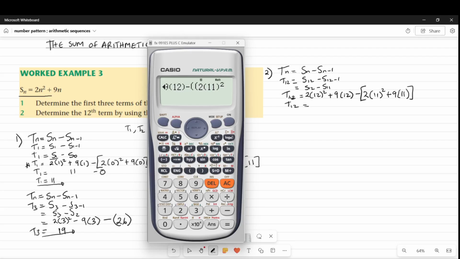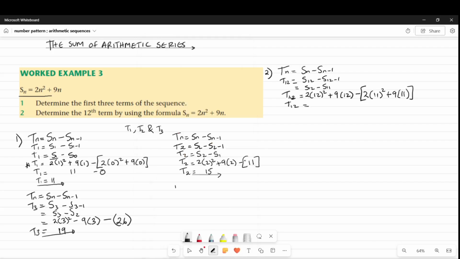Then you're going to have 55 as your final answer. So 55 is your final answer.